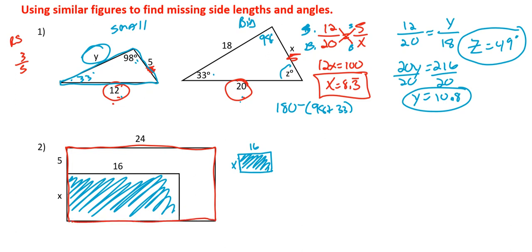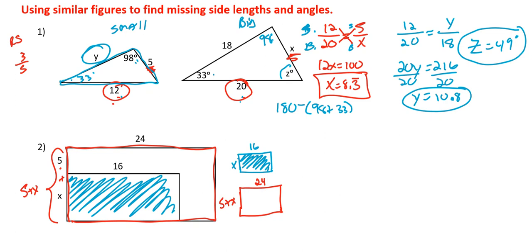For this bigger one, this side is 24. Everyone's normally really clear with that. But this side is not 5, and it's not 5x, which is a common mistake. This side is 5 plus x because it's these two added up together.